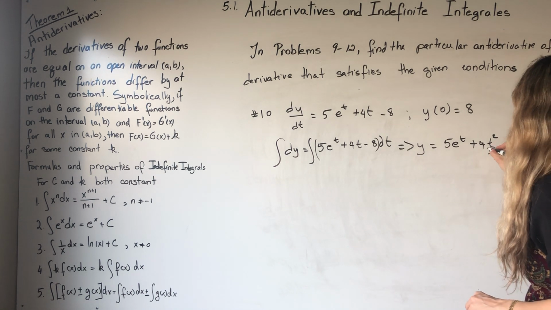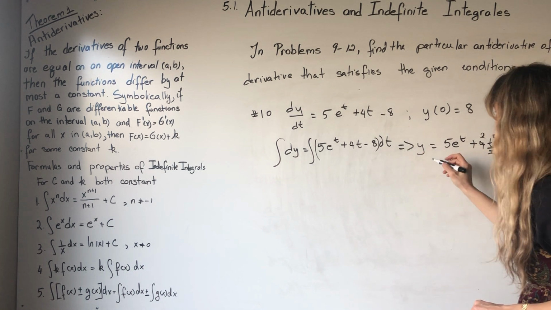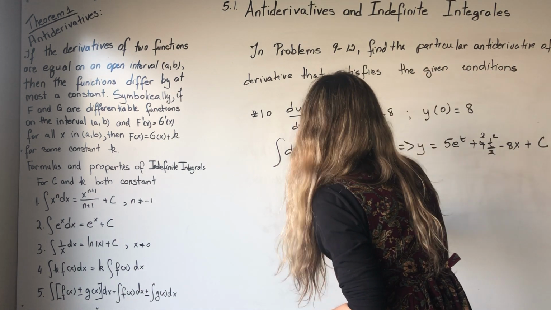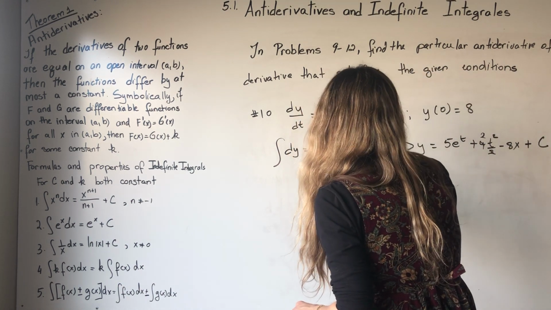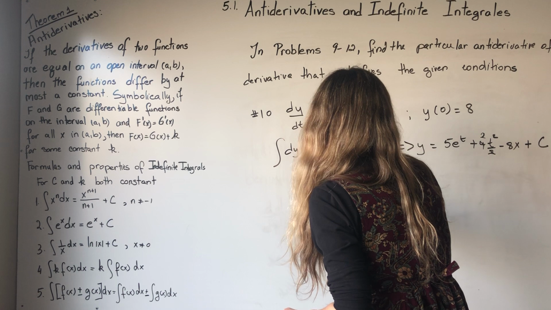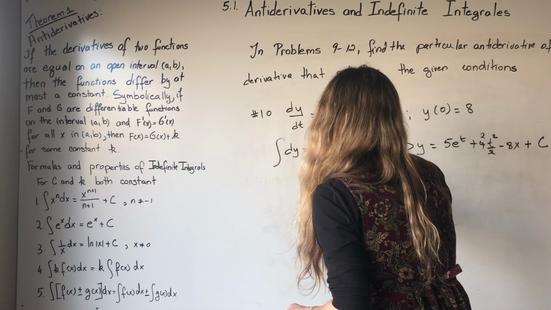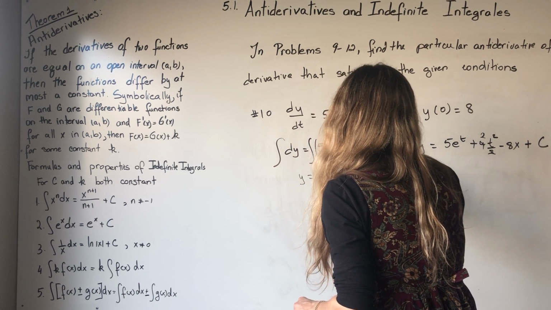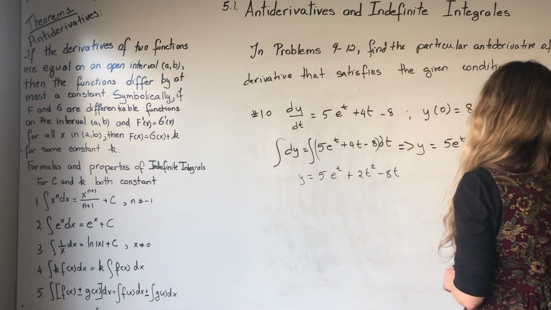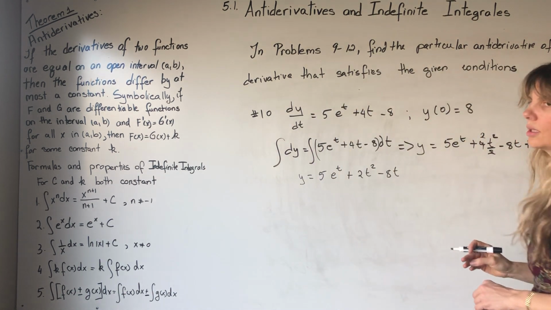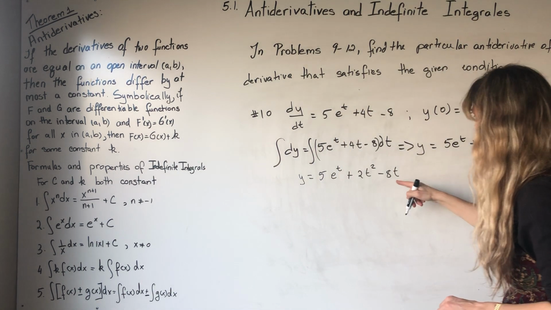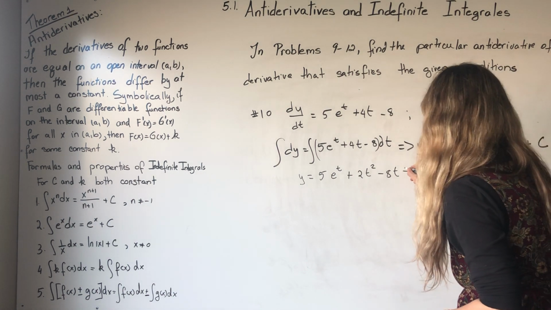Okay, so this is just a 2. So therefore, y is equal to 5e to the t plus 2t squared minus 8t. It's a function of t now, right? So minus 8t plus c.